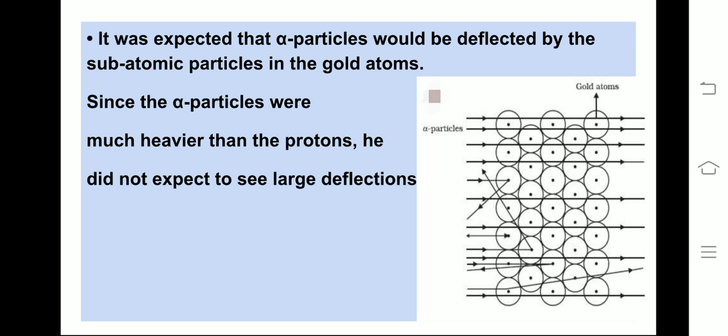As you can see, alpha particles were made to fall on these gold atoms present in a gold foil. Now, many of the alpha particles went straight without any deflection. Some of these particles were deflected back through small angles, and some of them bounced back through 180 degrees.